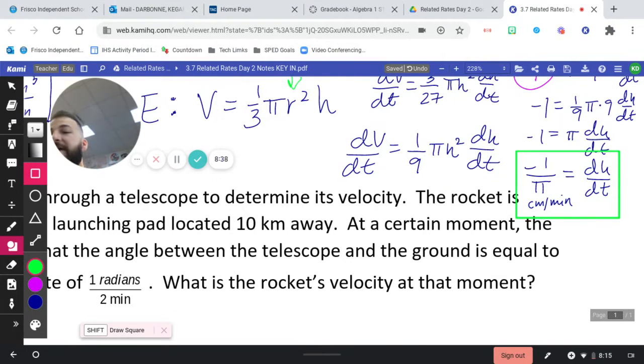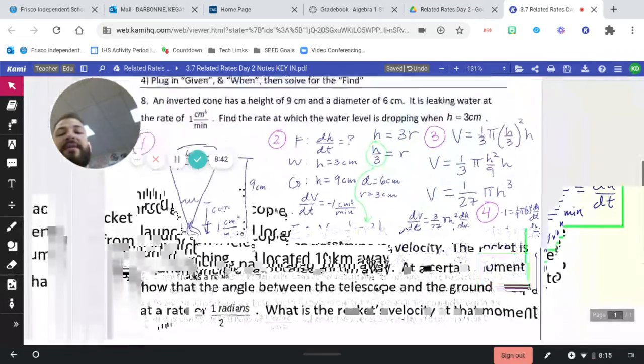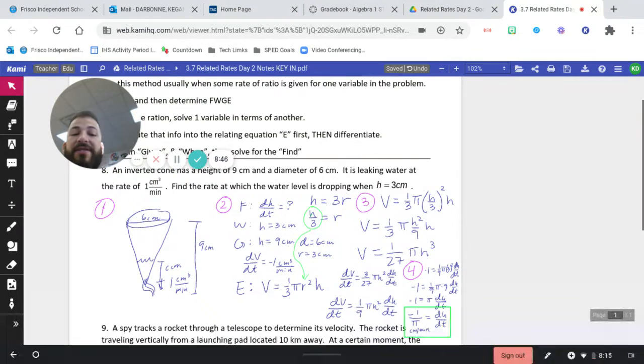So the key thing with today's related rates, y'all, is it's not anything too crazy. We're not really reinventing the wheel. It's just that little extra step. Yesterday, sometimes we had to plug in something that's remaining constant into the equation so that when we derived it, it would just go away, because that thing is constant and we're not going to get a rate of change from it.